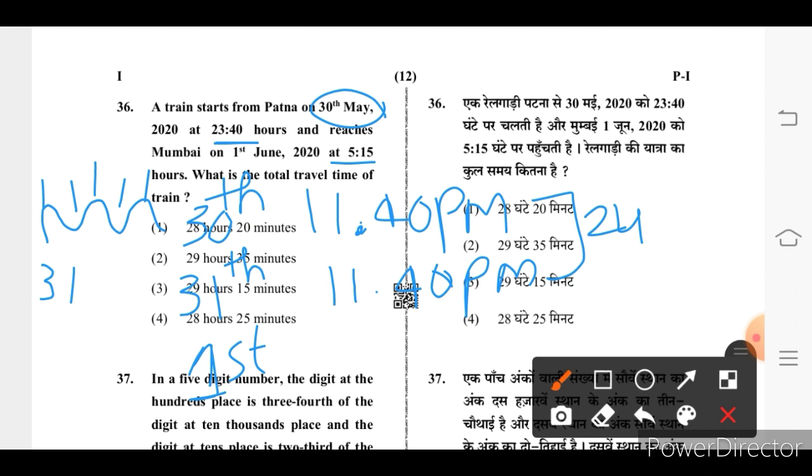From 11:40 to 12:40, 1 hour, then 1, 2, 3, 4, 5. How many hours? 11 to 12:40, 1 hour, 2 hours, 3 hours, 4 hours. Till 4:40 it is 4 hours.